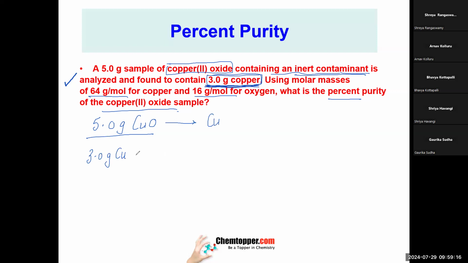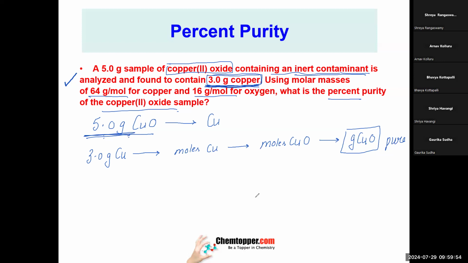If it is pure, can I convert this 3.0 grams of copper to moles of copper and then to moles of CuO and then to grams of CuO? And these are the grams of CuO, which will be definitely less than 5, and this is of pure CuO, the pure amount which is present in 5.0 grams of the impure sample.